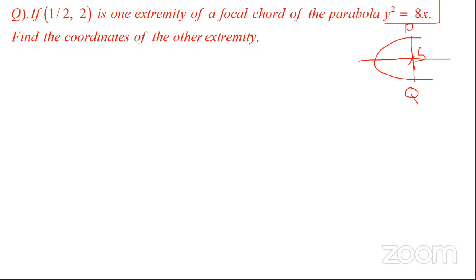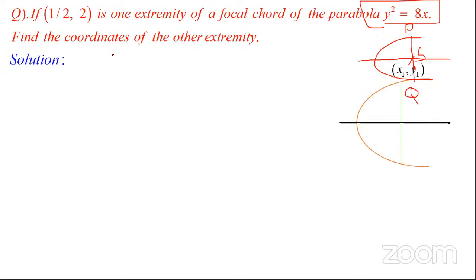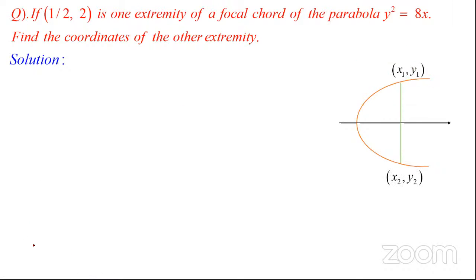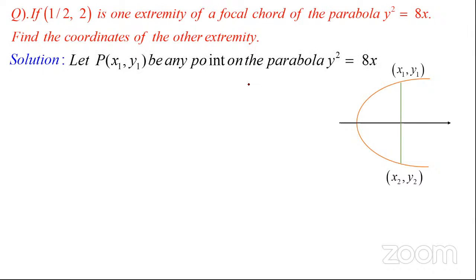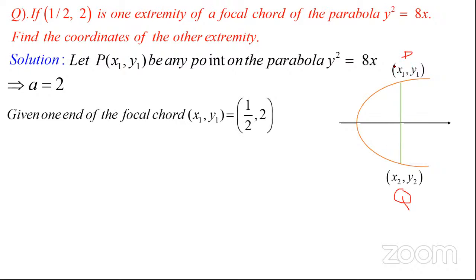From the parabola equation given, that is y² = 8x. The figure is like this. Let P be any point lying on the parabola y² = 8x, and this is Q. Now, comparing the given parabola with y² = 4ax, we get the value of a as 2.